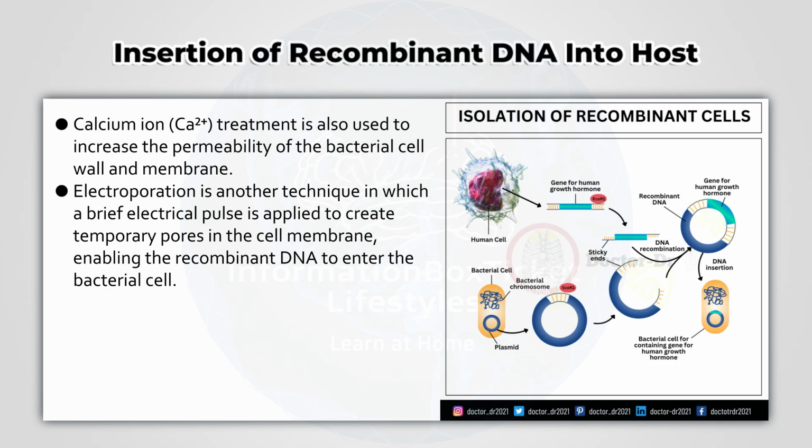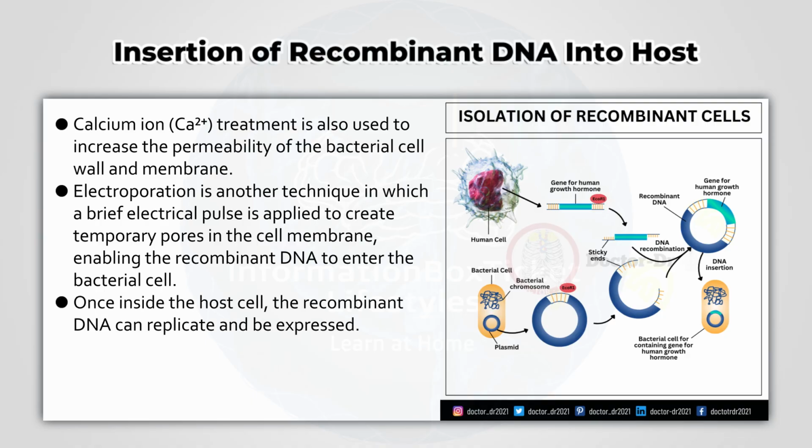Electroporation is another technique in which a brief electrical pulse is applied to create temporary pores in the cell membrane, enabling the recombinant DNA to enter the bacterial cell. Once inside the host cell, the recombinant DNA can replicate and be expressed.